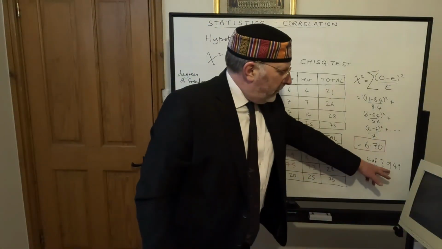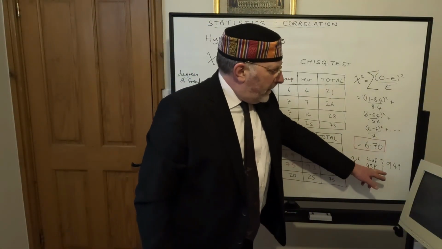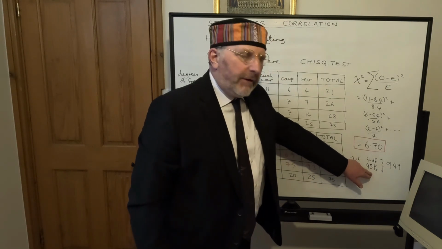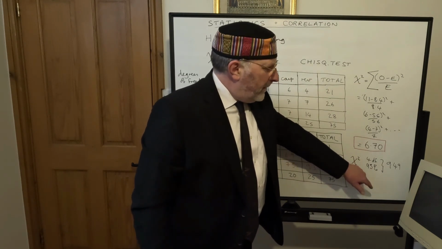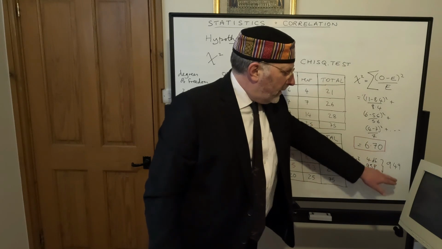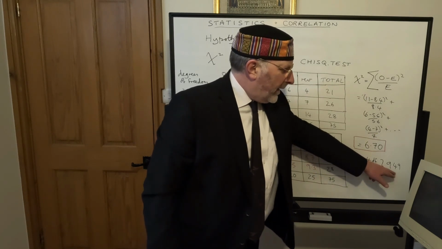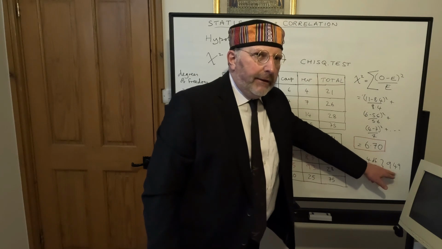So what this means is that in 95% of cases, the chi-squared with 4 degrees of freedom would be 9.49 or less.